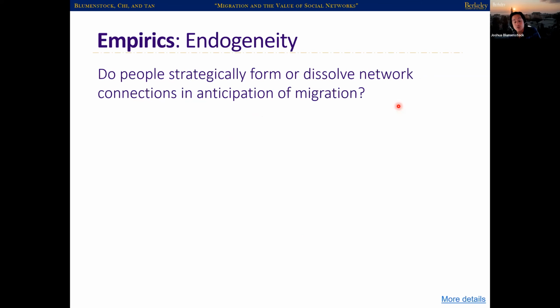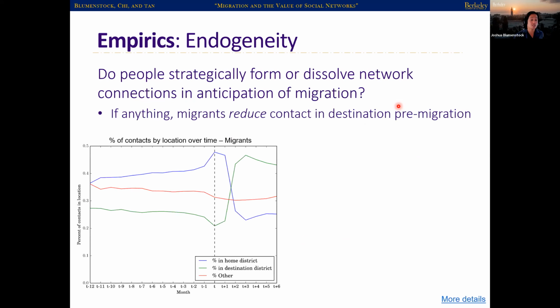The second thing, and I'll just show you this briefly, is that we can actually look, and this is, again, the benefit of having this sort of data, intertemporally at how network structure varies with migration decisions. What this figure is showing, for people who eventually migrate, is sort of an event study where we pick the date of migration as month T, and we decompose their social network by home contacts, destination contacts, and non-home or destination contacts over time.